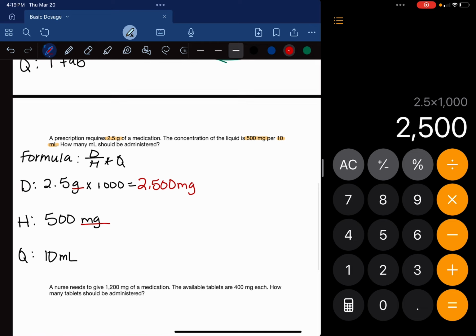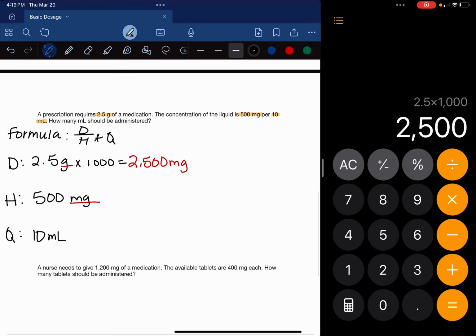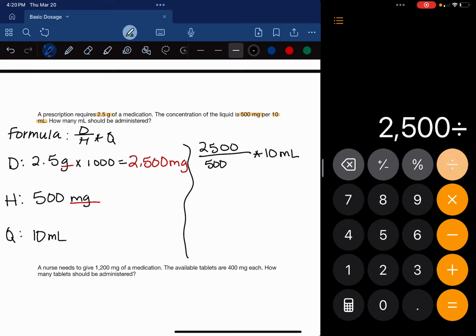Okay, let's go ahead and set up our problem. So 2,500 divided by 500 times 10 ml, because that is what we're looking for. So 2,500 divided by 500 is 5.